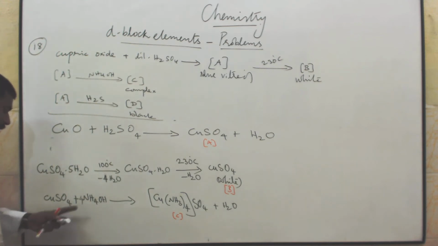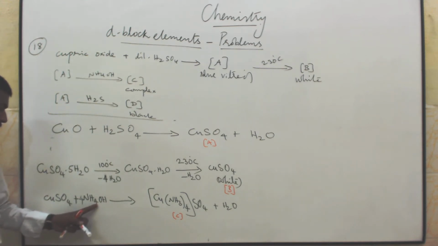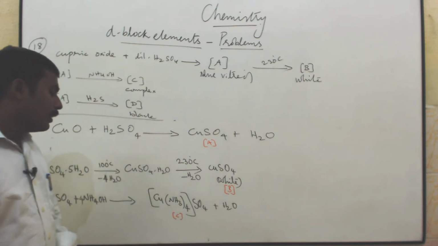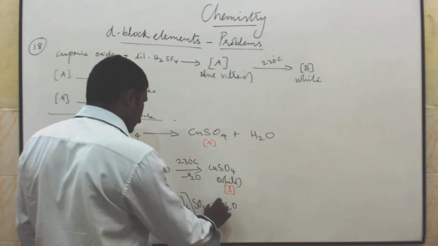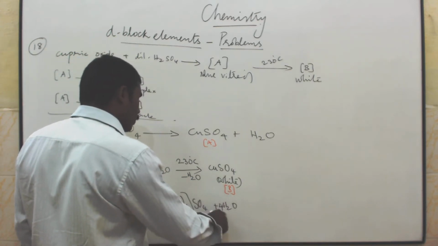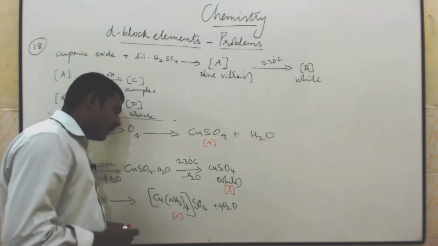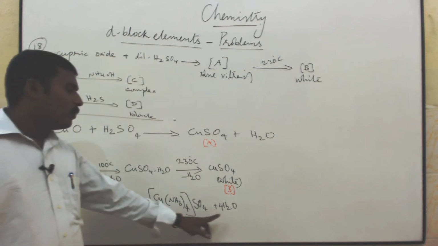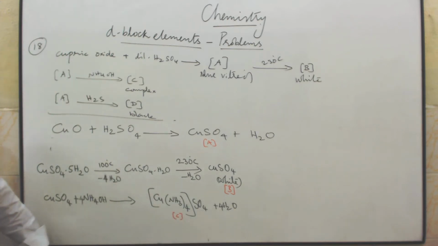But hydrogen is considered: 4 fours are 16 plus 4, 20 hydrogen, here 12. So 4 twos are 8 plus 12, 20 hydrogen, okay, balanced. Oxygen 4 plus 4, 8 oxygen, 4 plus 4, 8 oxygen, balanced. Named as tetraamine copper 2 sulfate.